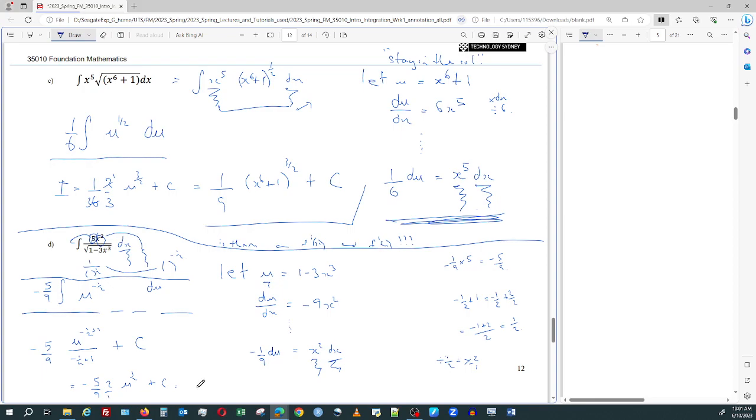And finally we're going to get minus 10 over 9 square root of u plus c. Okay, that's it. So that's our final result.